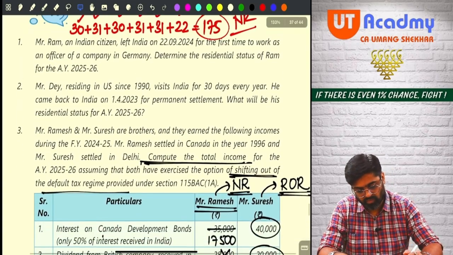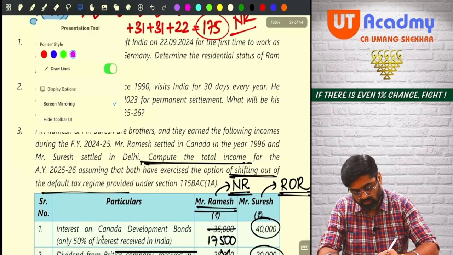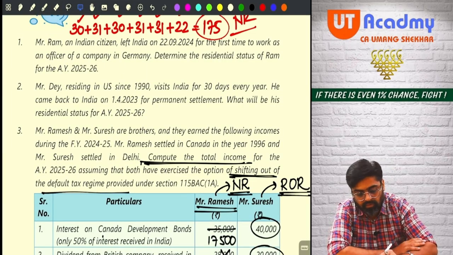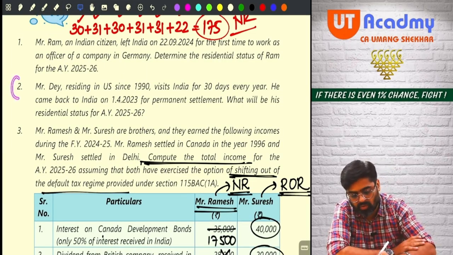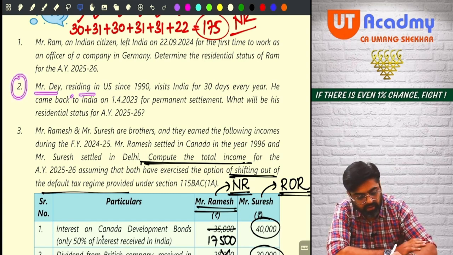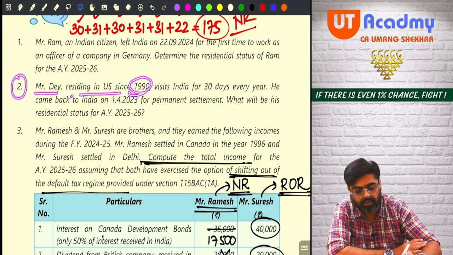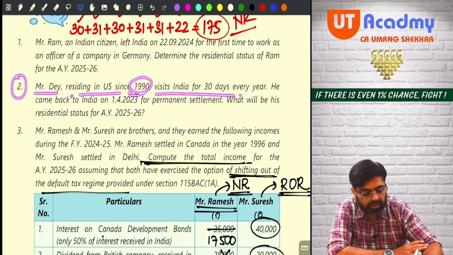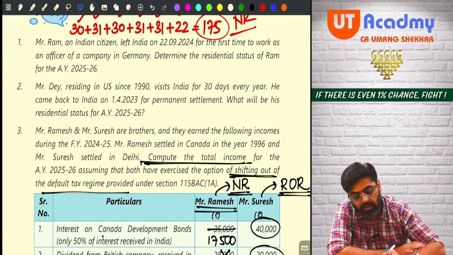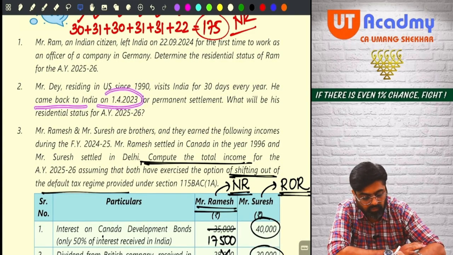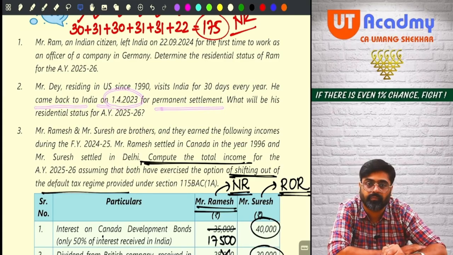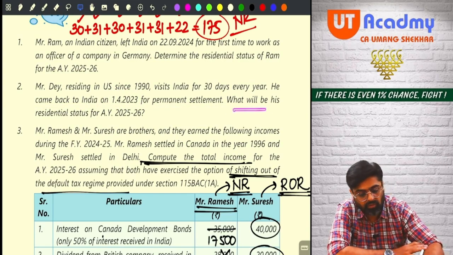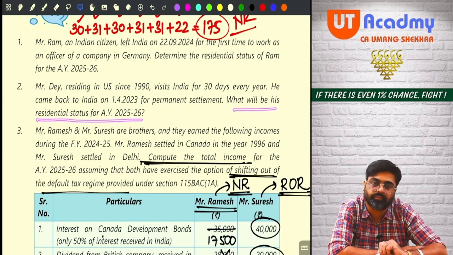Come to question number 2. Mr. Day, residing in US since 1990, visits India for 30 days every year. He came back to India on 1st of April 23 for permanent settlement. What will be his residential status?